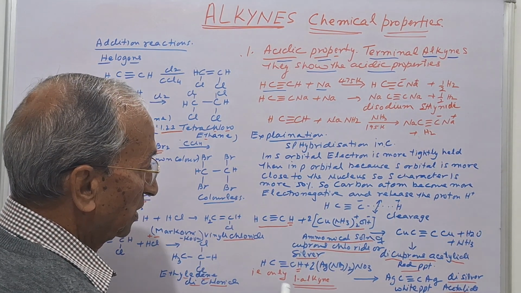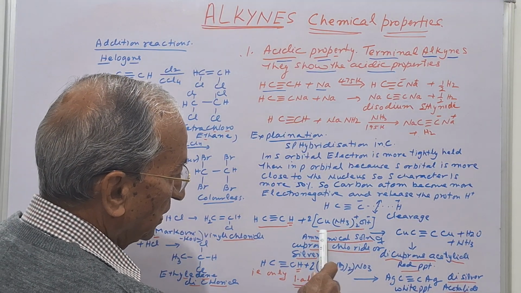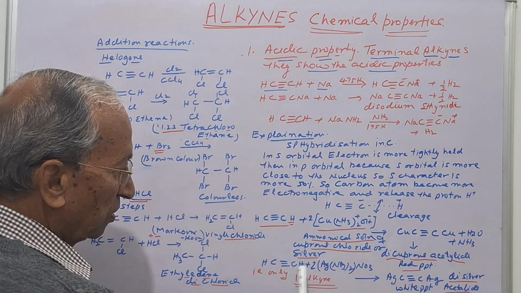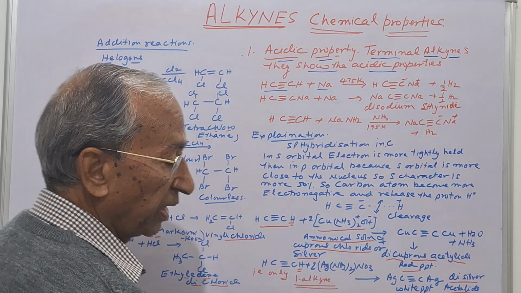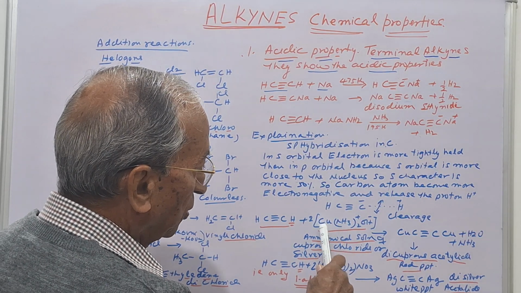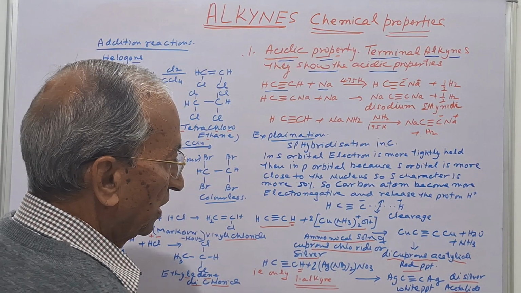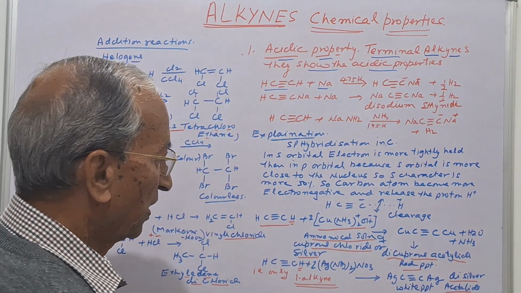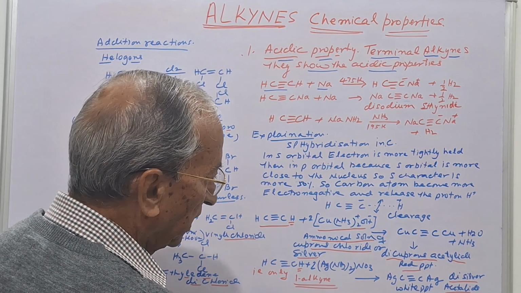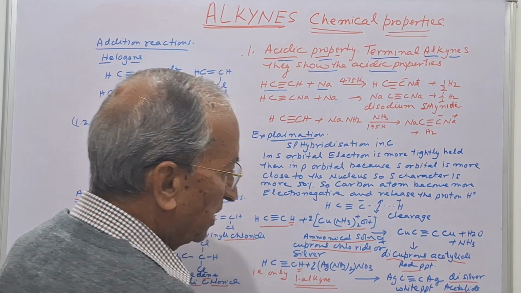Now again, second reaction: ethyne reacts with ammoniacal solution of cuprous chloride and also the ammoniacal solution of silver nitrate. In the case of ammoniacal cuprous chloride, it forms dicuprous acetylide, a red precipitate, and with diammine silver nitrate, it forms a white precipitate, that is disilver acetylide.